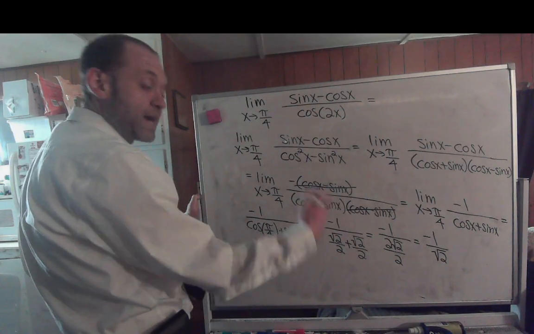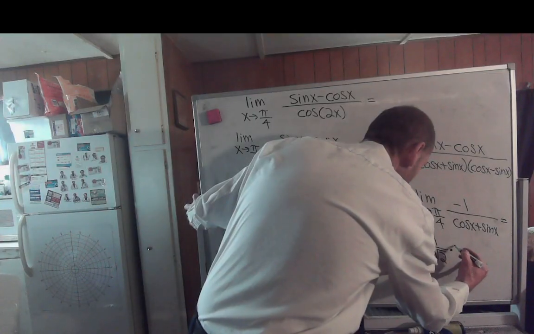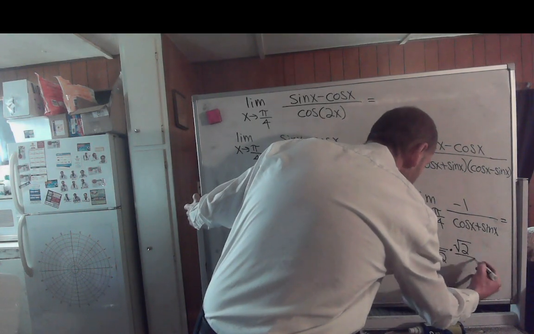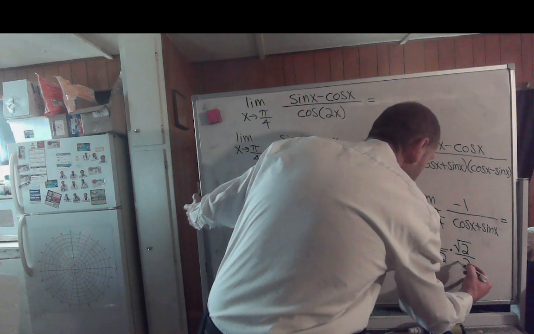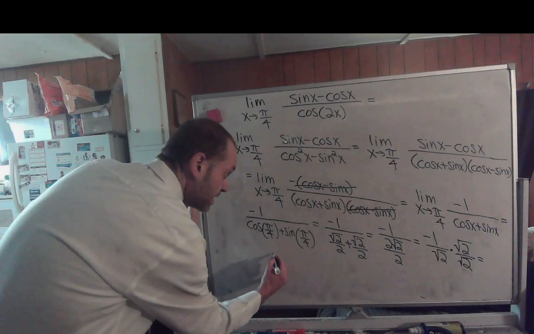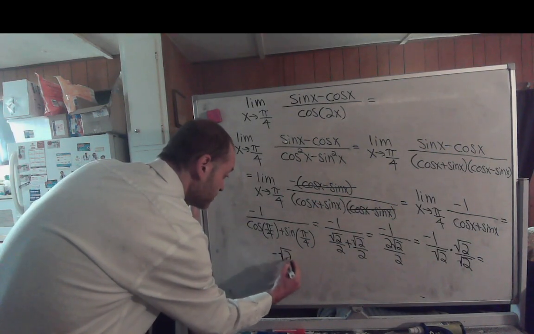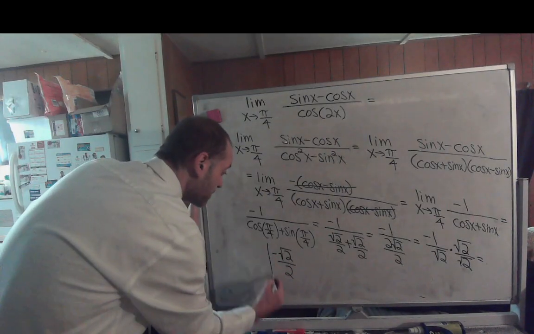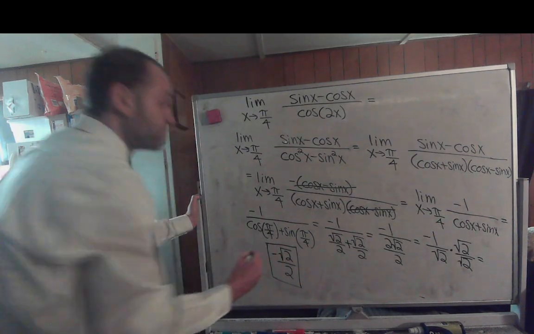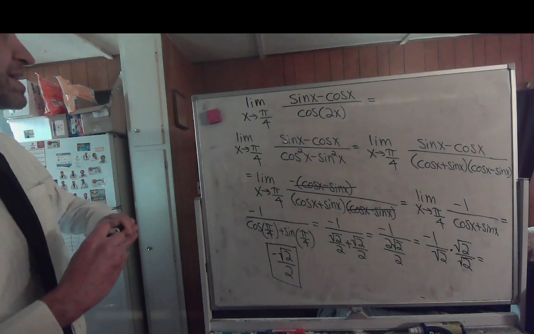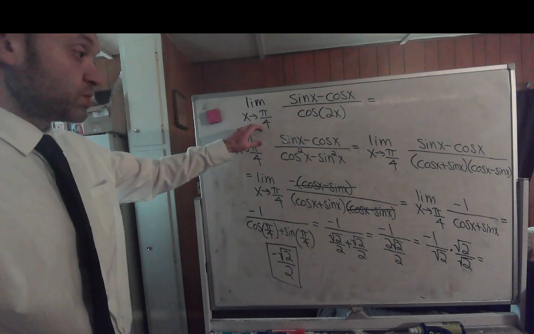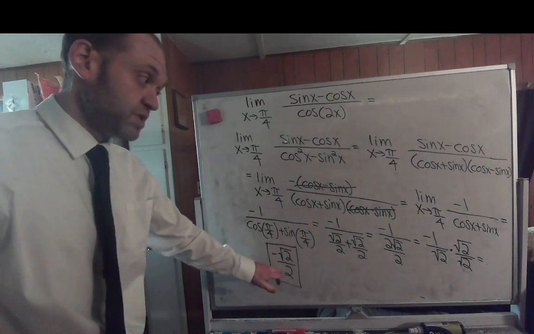But we want to rationalize the denominator, so let's multiply both by the square root of 2 over the square root of 2. You end up getting negative square root of 2 over 2 for your final answer. So the limit as x approaches pi over 4 of this function would end up being negative square root of 2 over 2.